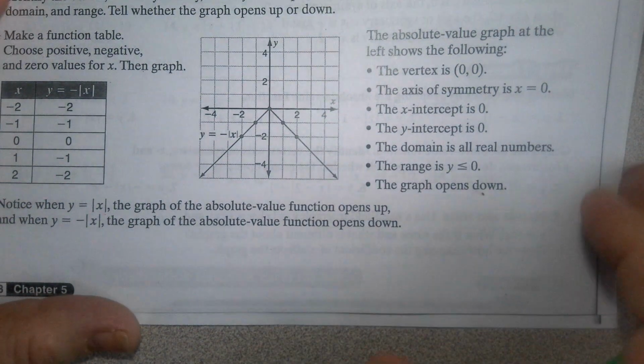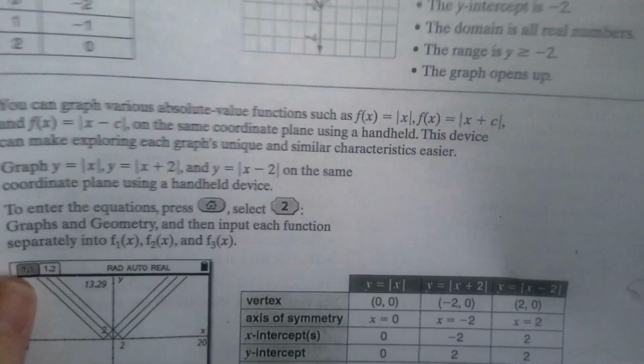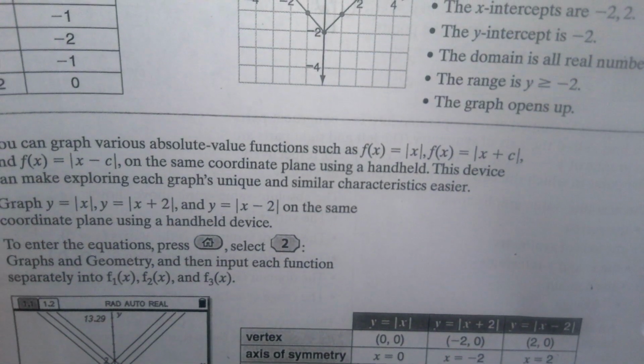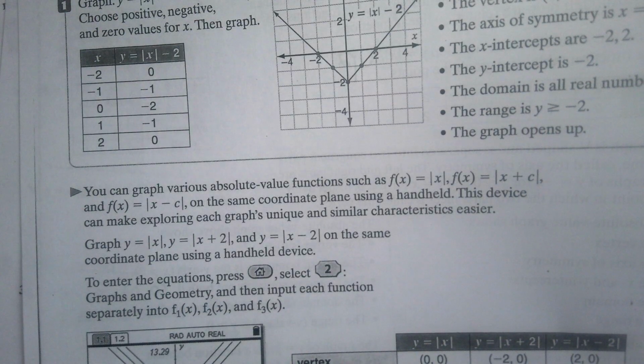And maybe we'll graph one of these in just a second so we can see. Okay. Let me think about this for a second, how I'm going to go over this.